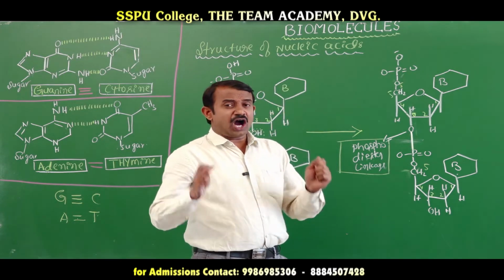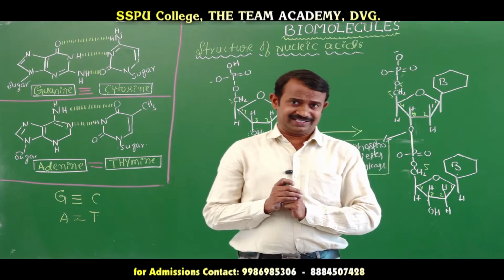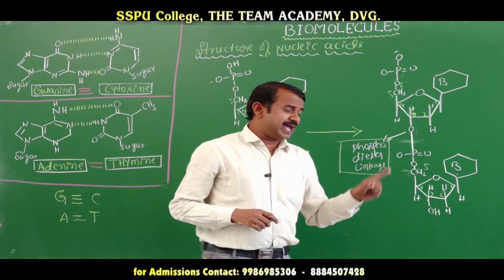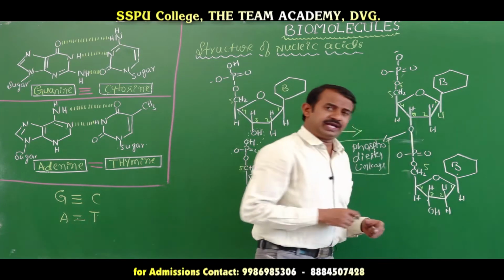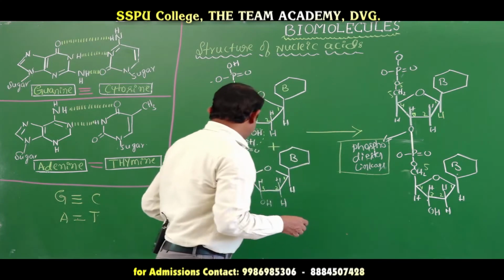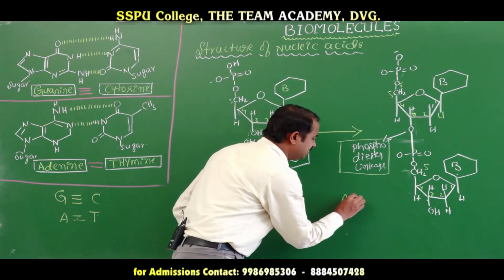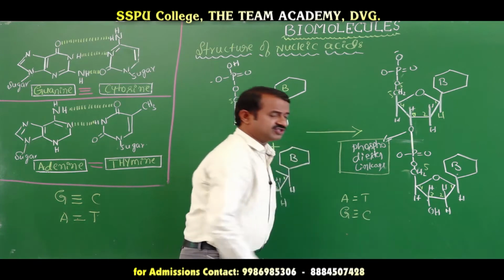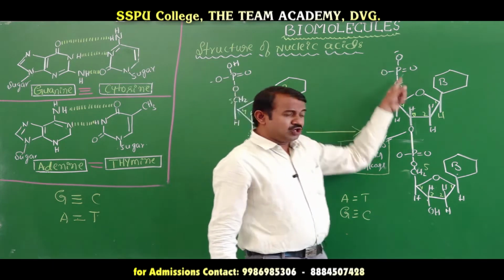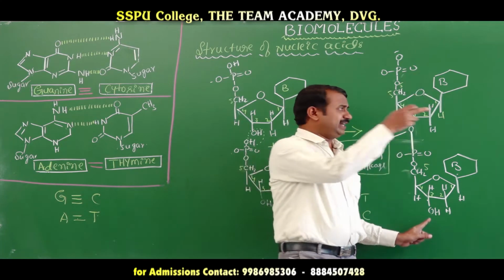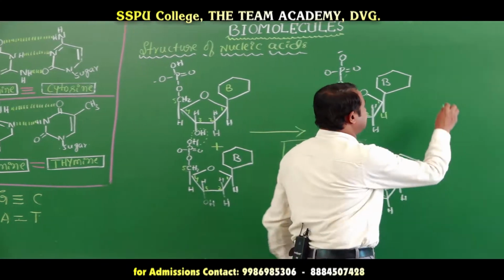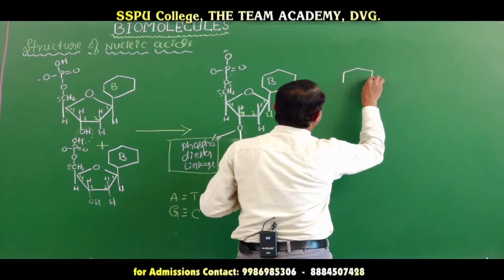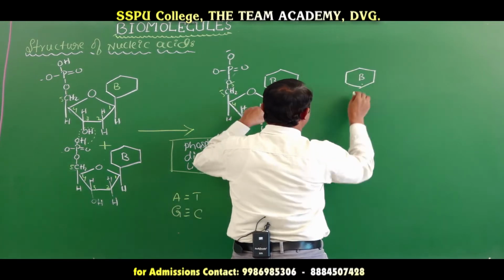If the outer bond forms in nucleic acid, DNA, deoxyribonucleic acid, here is the base, base pair between adenine and thymine, guanine and cytosine. Again, another nucleotide is formed here. This is a base.